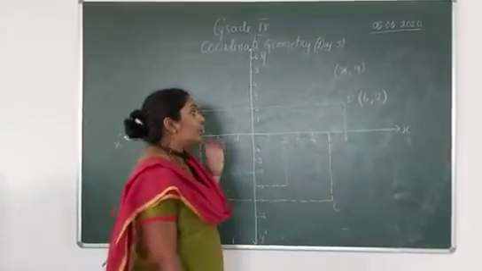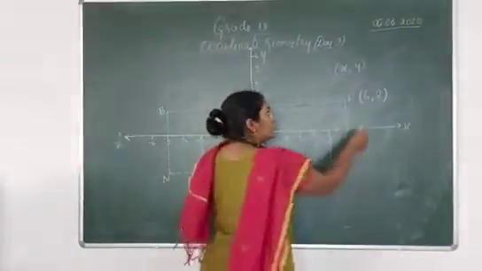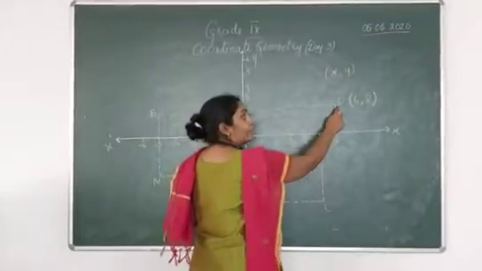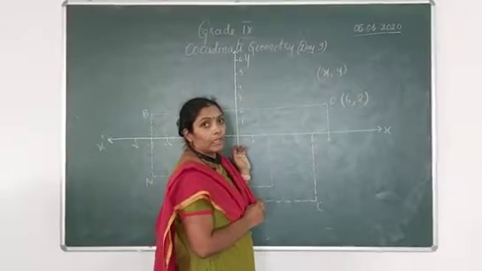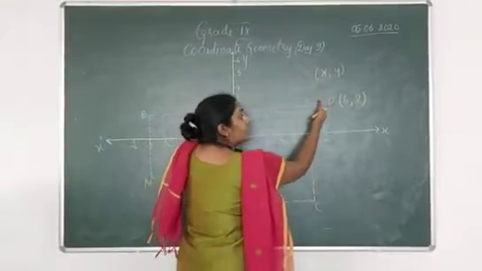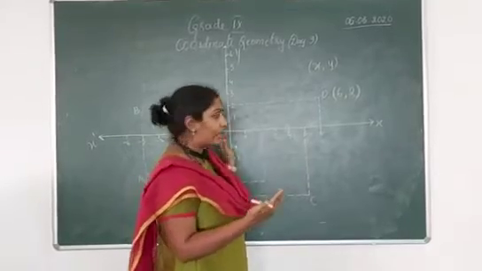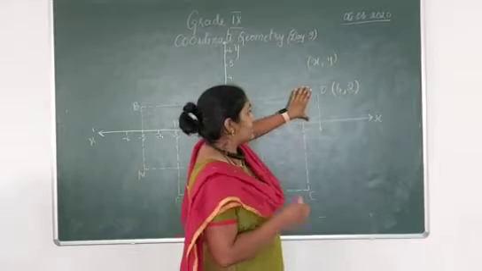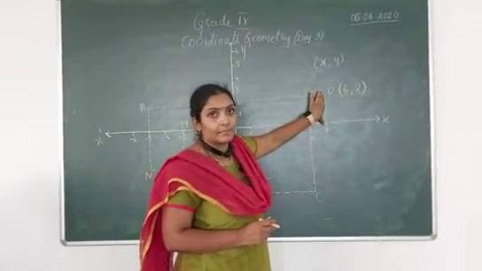Now let's recollect the previous videos. Here the 6 represents the distance of the point D from the y-axis, 6 units away from the y-axis. And the y-coordinate says that it is 2 units away from the x-axis.